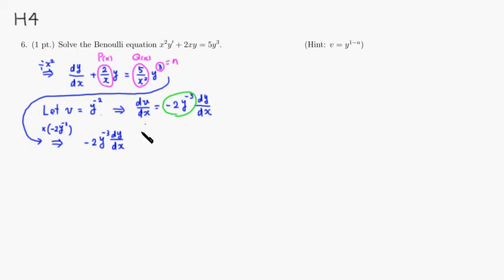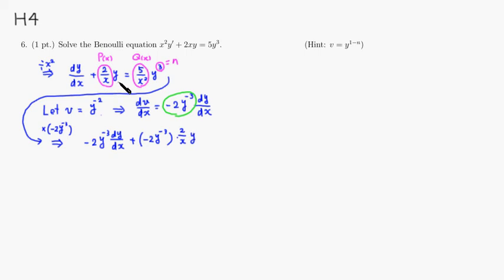And a plus, so you have 2 over x already, but we're going to multiply by negative 2y to the negative 3, and you need to multiply by 2 over x y.